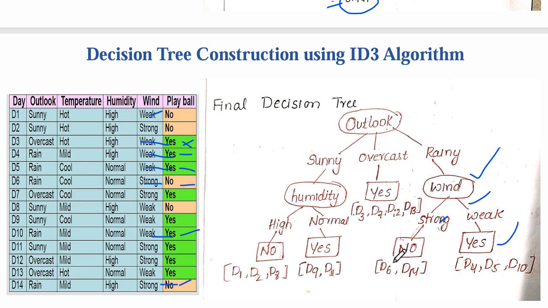If wind equal to strong, it belongs to no class. So from here, it covers all the 14 records. Decision tree. Now we have to stop the algorithm.